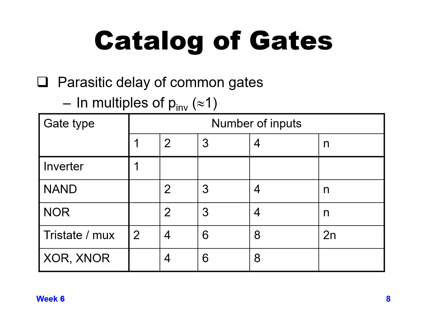So the gate gets slower with each input as far as its parasitic delay goes, but the amount of additional logical effort doesn't go up.